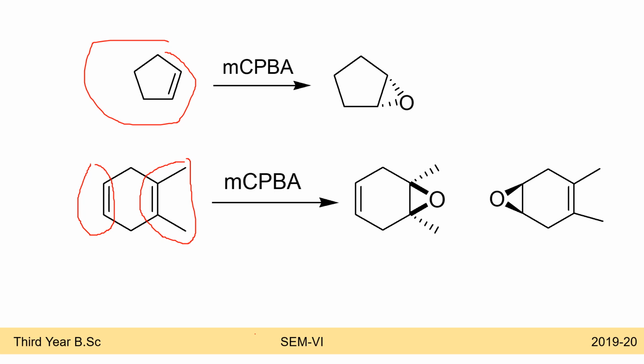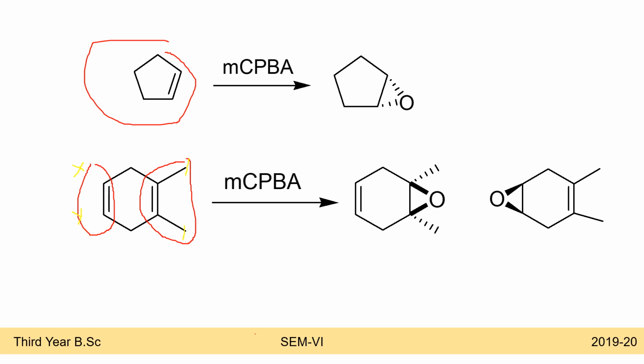This is a methyl group, this is a methyl group, and these are electron donating groups. So they increase the electron density here, while there are no such groups on the other double bond, and they increase the electron density at this particular double bond.